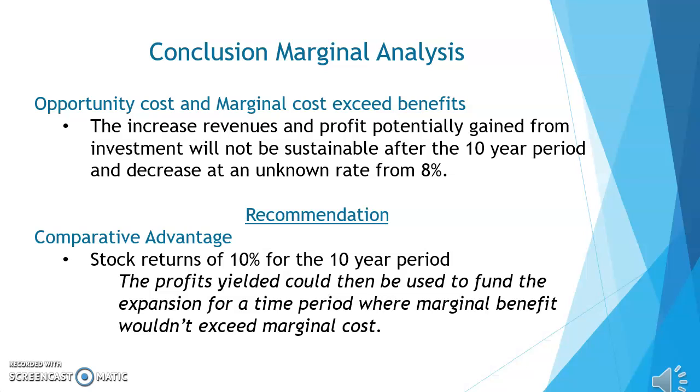So whatever that time period is that they would equal each other, we would use the stock returns to fund the pipeline expansion so that the board will get the support that it needs to expand, but in a manner that remains beneficial.